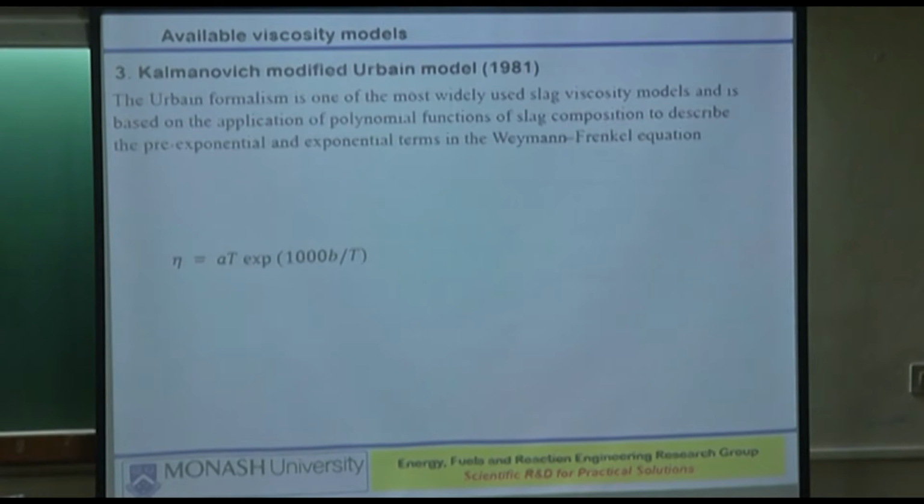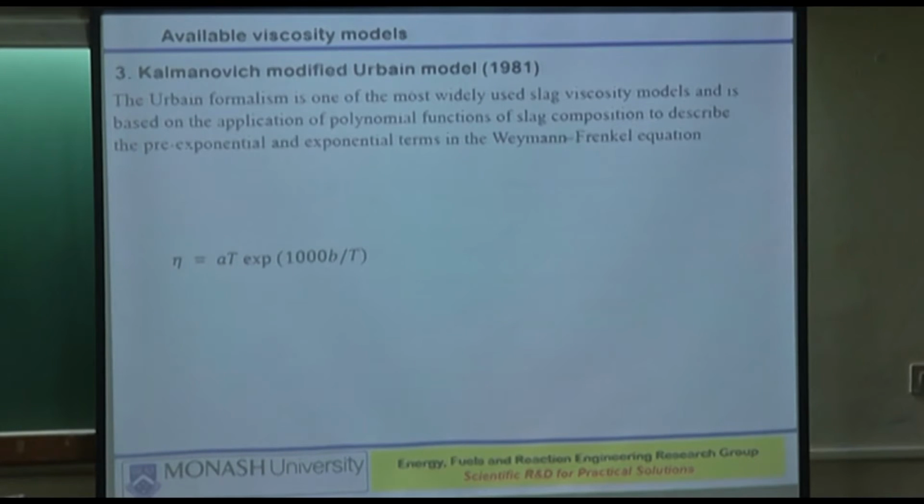And again, it's a mathematical curve fitting application of polynomial functions of slag composition to describe the pre-exponential and exponential terms of this equation, which is of Arrhenius type. So that's the nature of this equation.